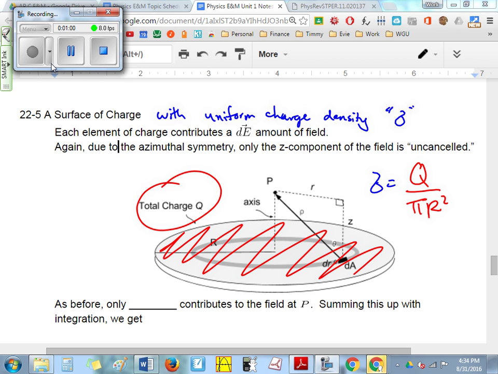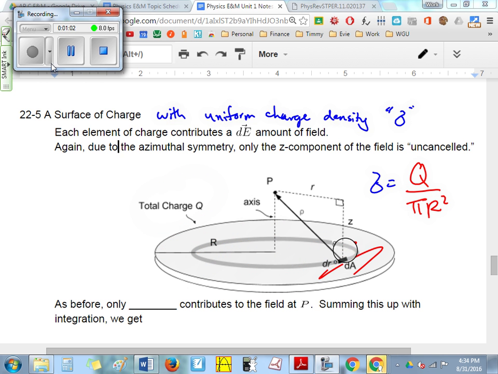But at the same time, if you just pick, let's say, this little gray ring here, the total charge of that ring divided by the area of that ring is also sigma. So sigma is a measure of how many positive charges you'll find in any unit area. So sigma never changes no matter where you peek. Zoom in, zoom out, doesn't matter.